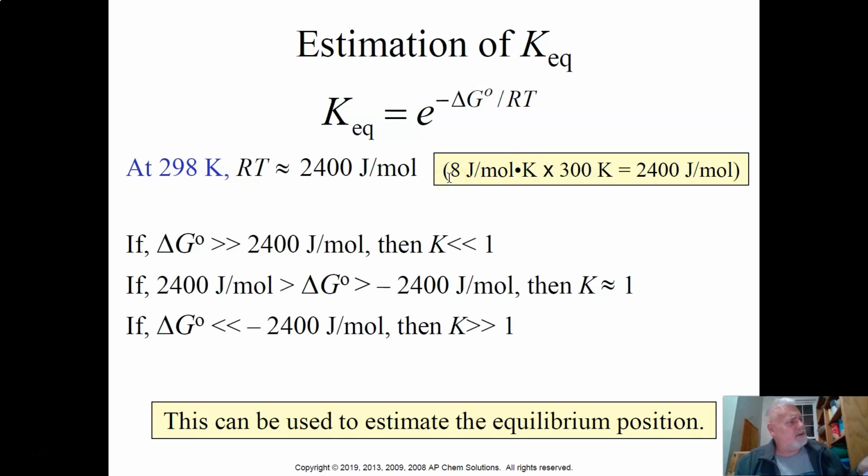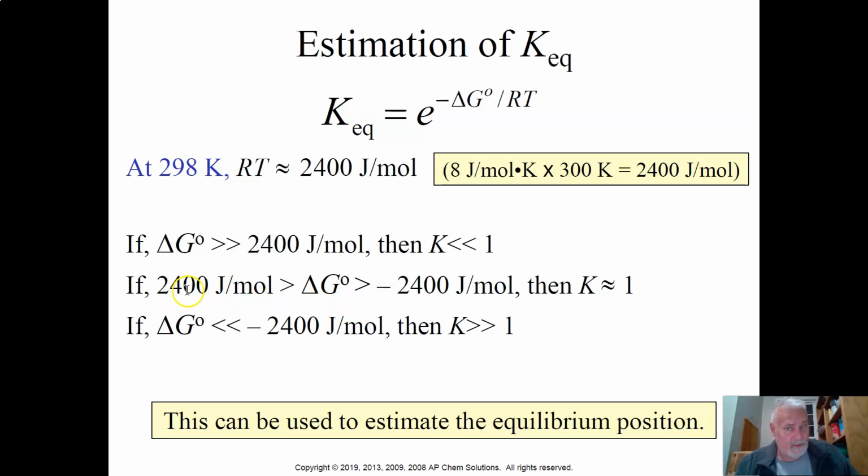From your purple sheet, it's supposed to be 8.314, and the temperature is supposed to be 298. So you just round them and say about 2400. Therefore, if delta G is greater than 2400, then K will be really small. In other words, almost all reactants, a non-thermodynamically favored, non-spontaneous process.